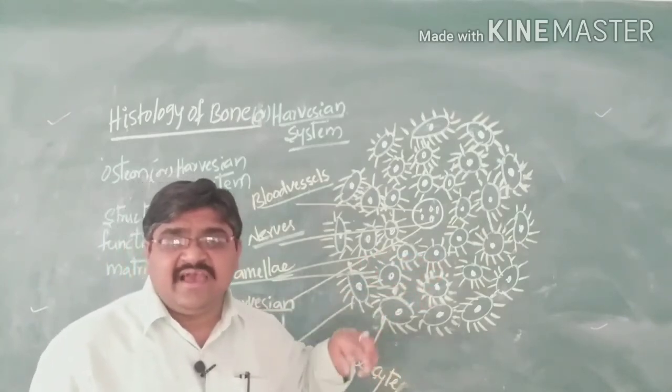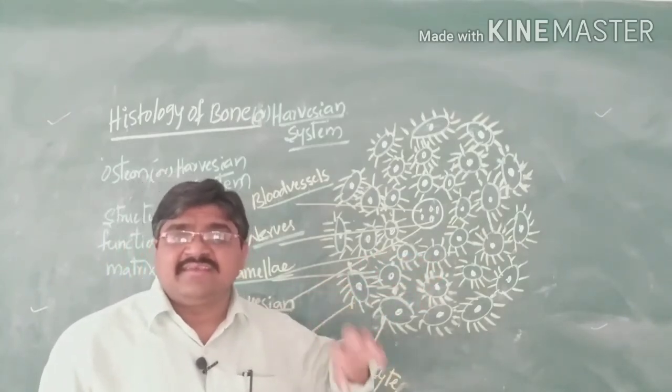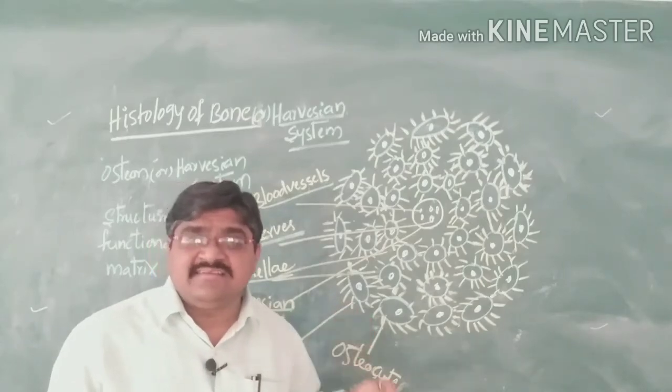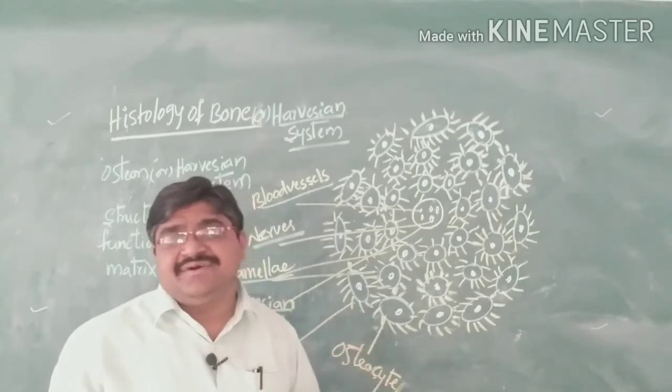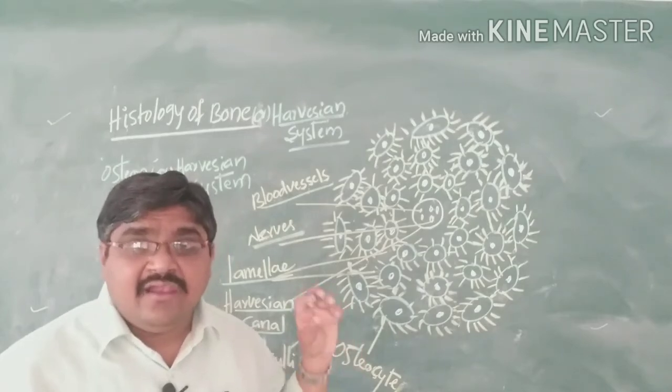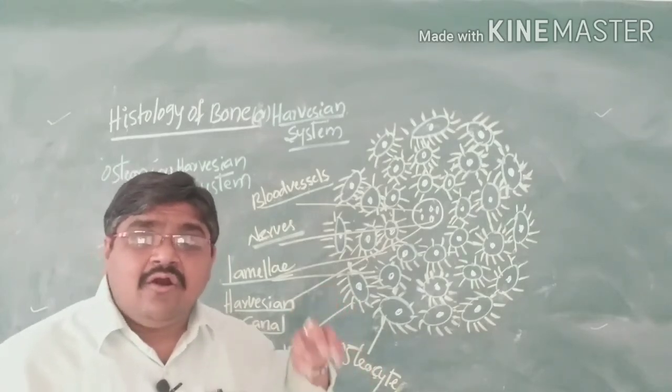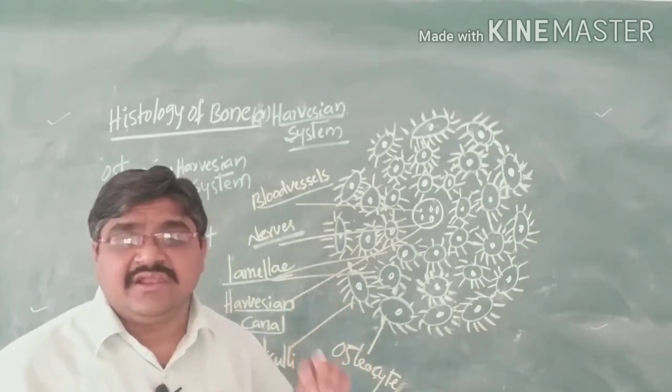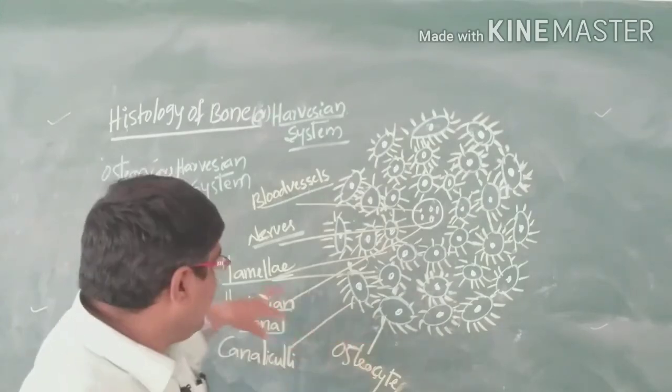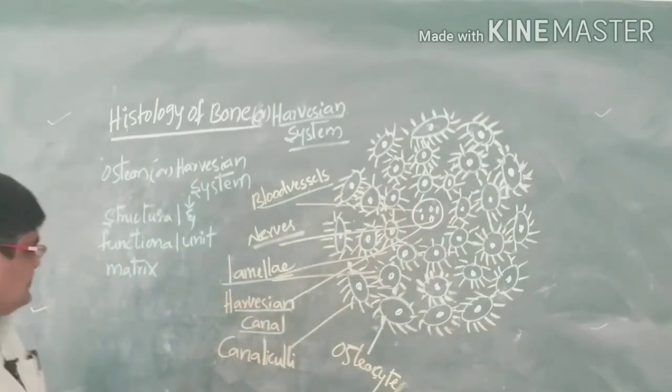So inside the lamellae there is a dense matrix, consisting of collagen fibers and inorganic components, the calcium phosphate.